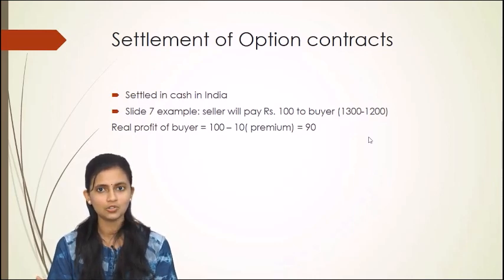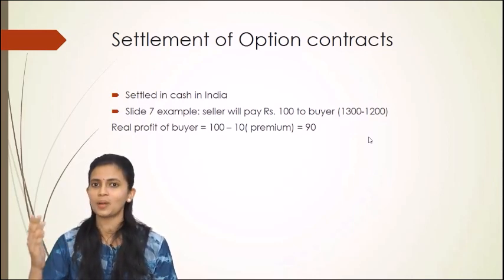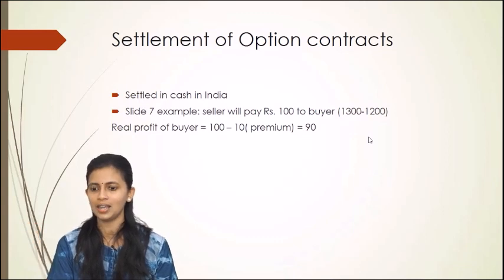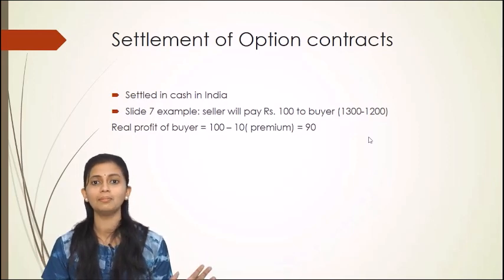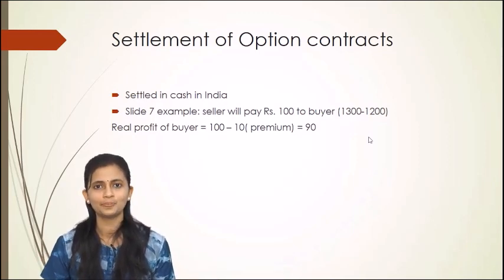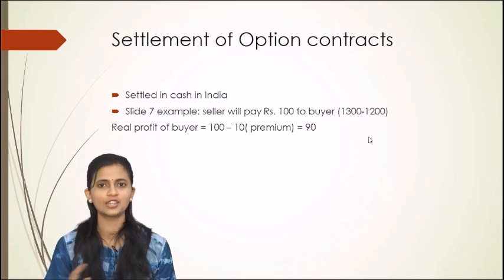So he will buy at 1200, and when the stock price is 1300 that particular day, he immediately sells it, right? There is no point in holding it, because who knows, tomorrow again the stock price may come below 1200.